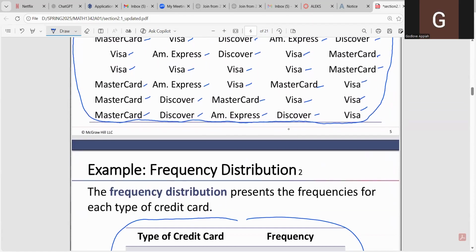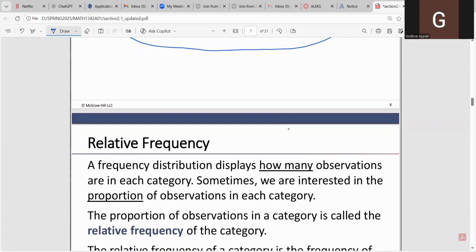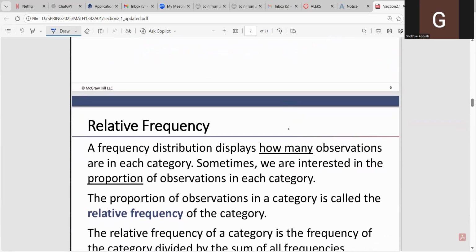So now let's talk about relative frequency. Relative frequency is also important, especially when you want to know the proportion of observations that fall within each category. A frequency distribution displays how many observations are in each category.